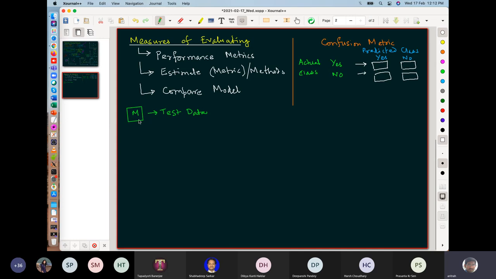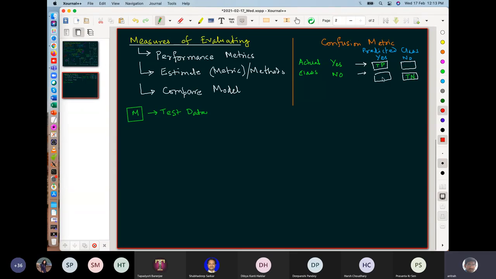Suppose the actual class for this M test data was yes and I predicted yes, then I will call it a true positive. I made it a positive class, which is also the actual one, so it's true. Similarly, if the actual class says no and my predicted class also says no, that means I have done a true classification, and this is a true negative.